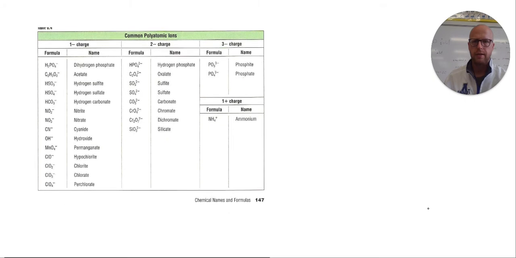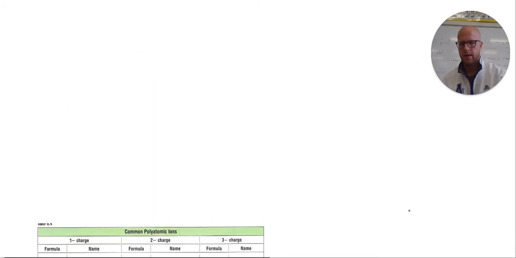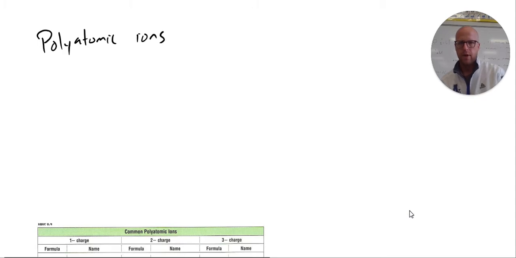Now here's where we kind of got some tricky stuff when it started talking about polyatomic ions. So let's talk about polyatomic ions real quick. Their name kind of tells me what they are. Poly means many, atomic means atom, so they're many atomed ions.